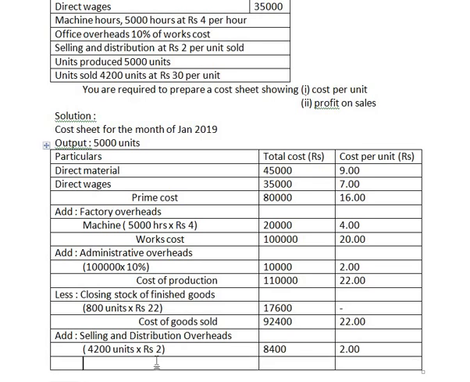Now, whatever total you get is called cost of sales, or it is also called total cost. Add this to cost of goods sold, that is 1,08,000. Cost of sales is 24 rupees per unit.